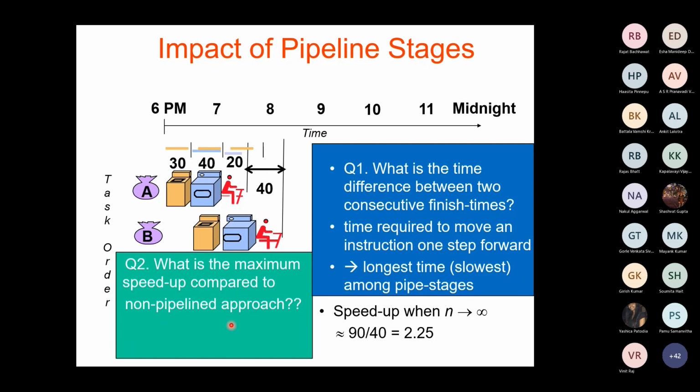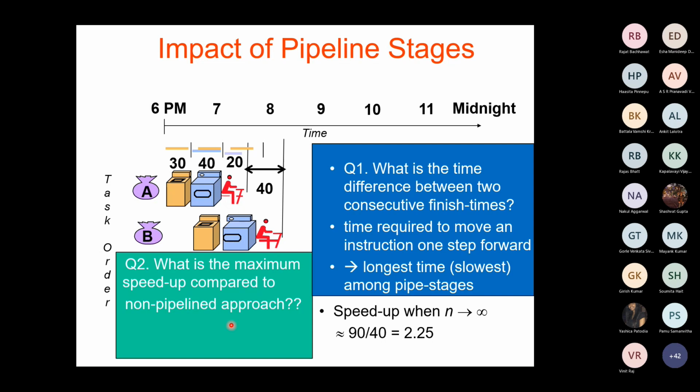So these are the two basic concepts in pipelining. I hope you have understood this. You have understood this, right? The time difference between two consecutive finish times will determine the emission rate or finishing rate of instructions, and what is the maximum speed up achievable. So therefore, in MIPS, as you can see, you have 5 stages.